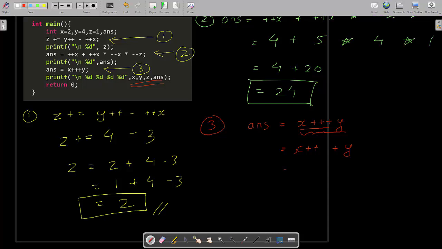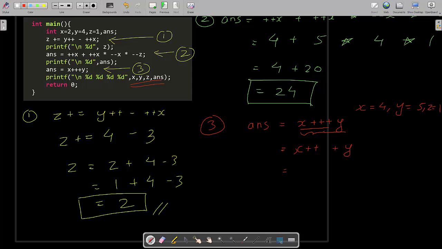So in this case, before substituting, we should have the values of x, y, and z. Let us find out the value of x. After the previous expression, currently my value of x is 4, my value of y is still 5, and z is, I guess, 1.